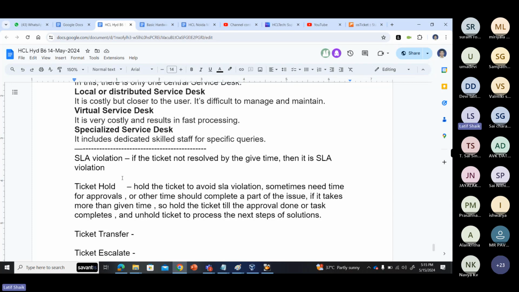If you do not resolve it, it is SLA violation. Okay, guys, understand what is SLA violation?